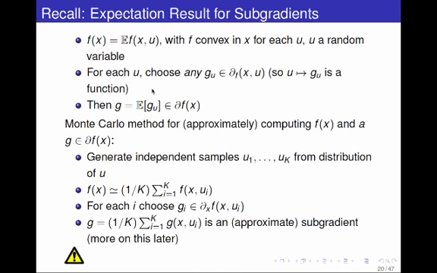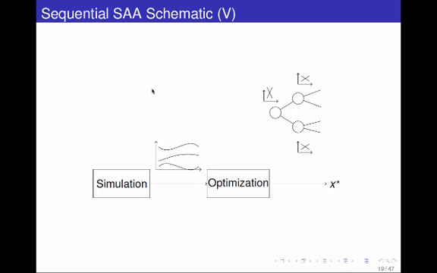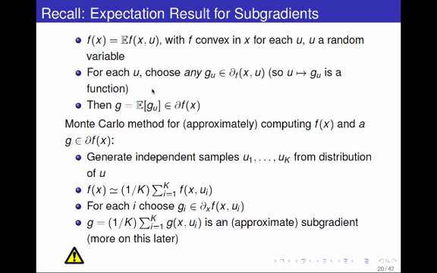What I want to focus your attention on now is what these cuts look like. How do they compare to the real cuts of the true problem? Before that, let me motivate the recipe I showed you for generating the optimality cut.